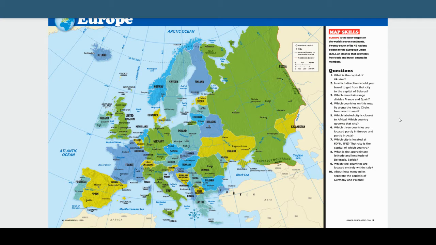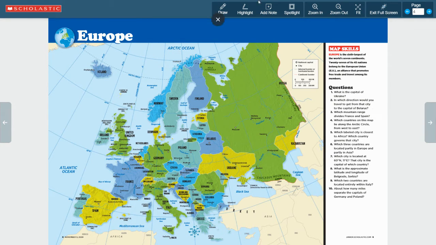So you're going to need to look, let's see, in this vicinity here, you'll find Ireland. And then you're going to look for the capital of Ireland. So remember, capitals, you look up here in the key, and national capitals have a black dot with a white star inside.